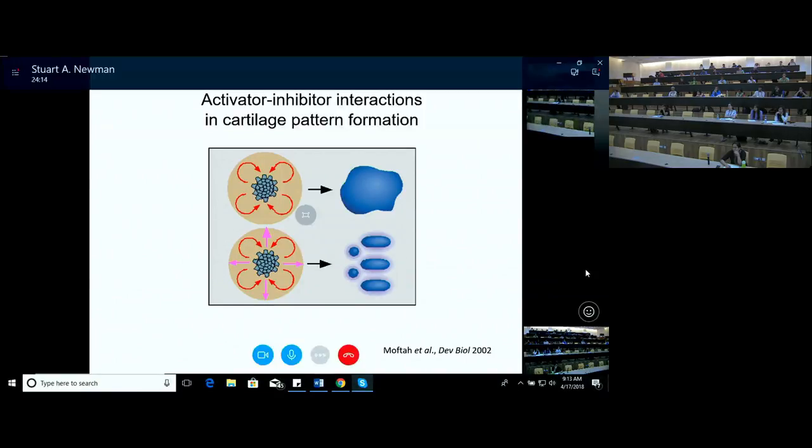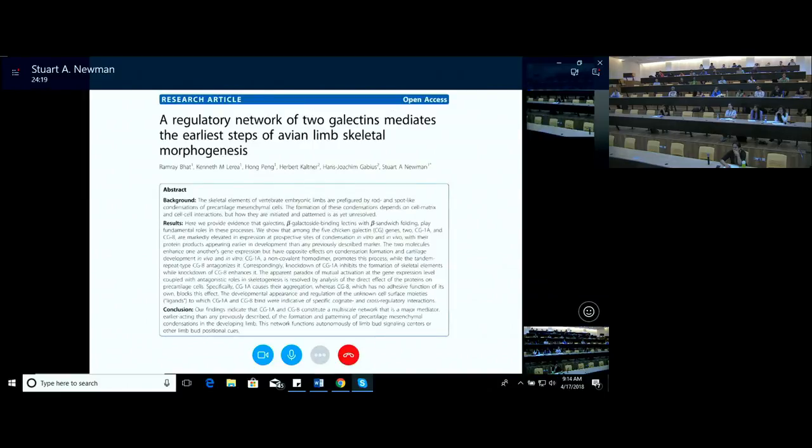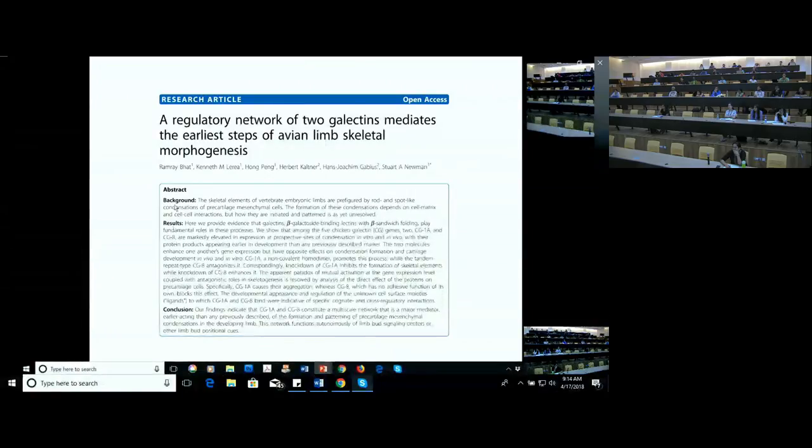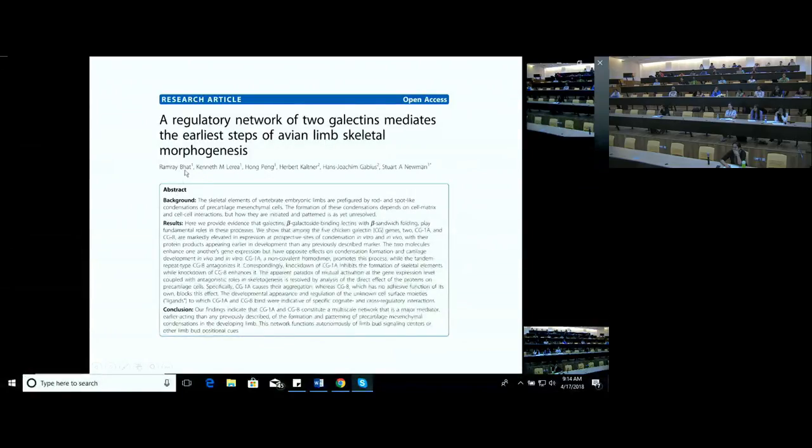Okay, so is there any evidence for anything like this? Well, we looked at this using probes against proteins that are called galectins. And this work was done by Ramanujan, who's here at the meeting, when he was a graduate student with me. And just about everything I'm going to be speaking about from now on was participated in and led in many ways by Ramanujan with some other colleagues of ours.